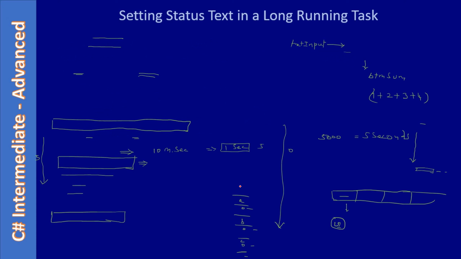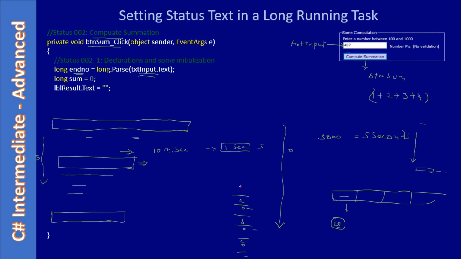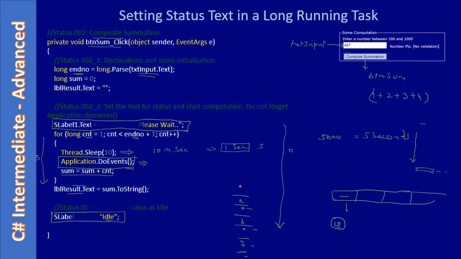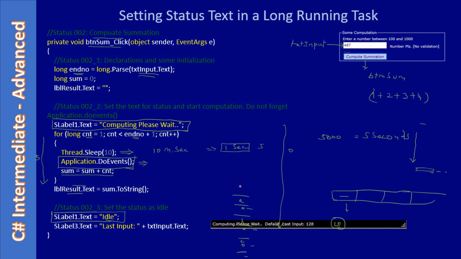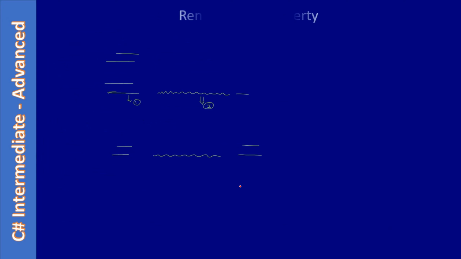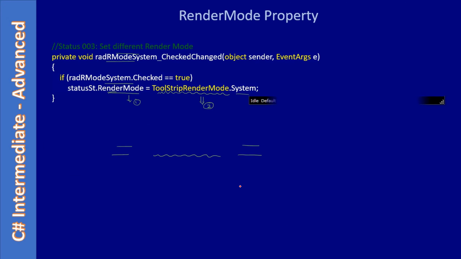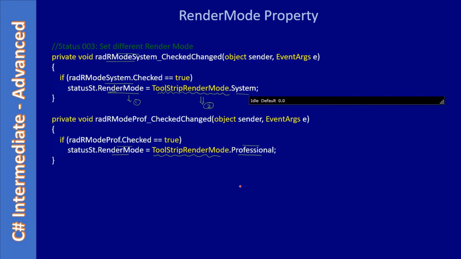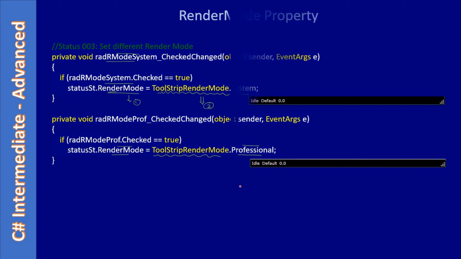Then we saw how to mimic a long running process, then how to display the status in the status bar control. So we looked at the importance of DoEvents here in this video. Then we moved on to setting the render mode property, and we looked at how we can set two different styles. One is professional and another one is a system style.